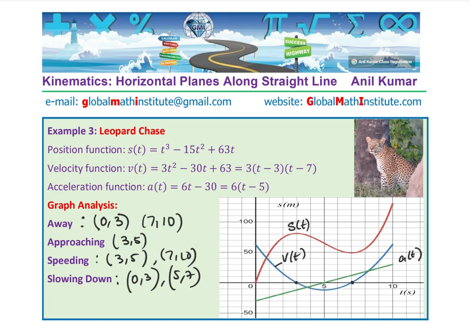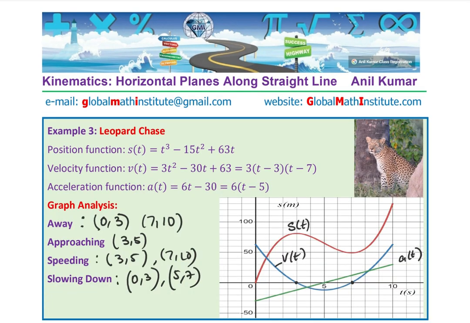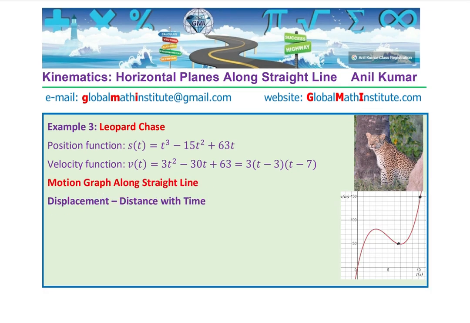Now, lastly, let us also consider the motion. Till now, we have analyzed the situation, made a graph, and then figured out when the object is going away, when it is approaching, when it's speeding, and when it is slowing down. Now let's look into a one-dimensional motion along a straight line.